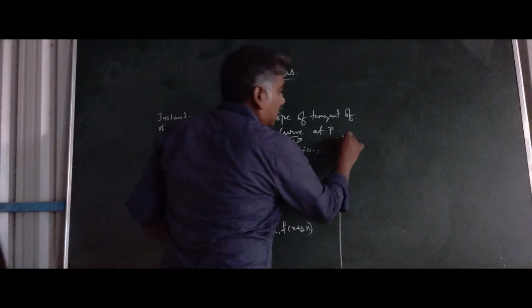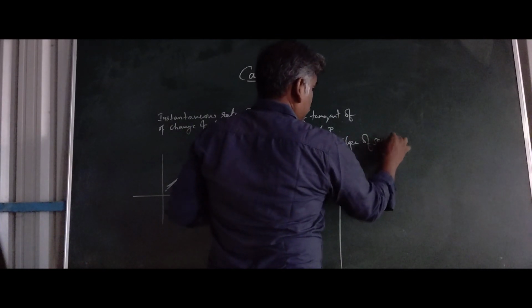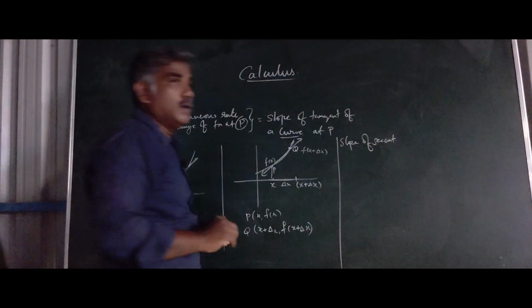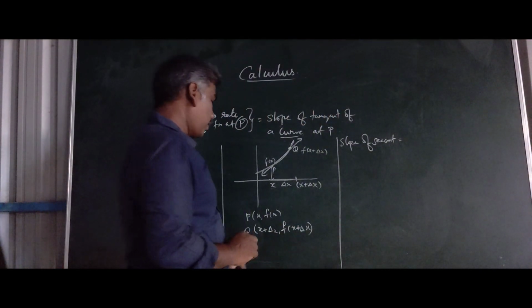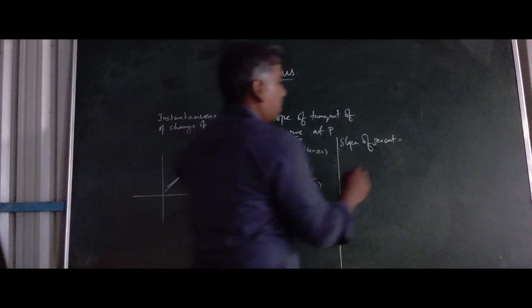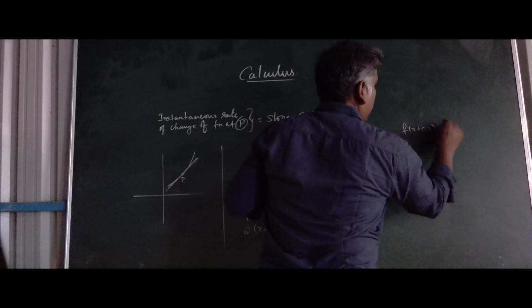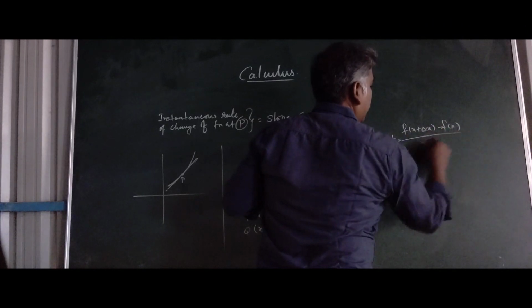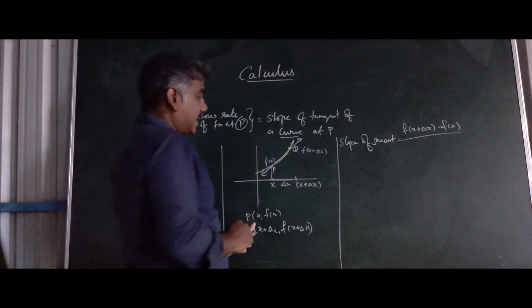Now you can find the slope of the secant, how? By using the 2-point formula. The 2-point formula is y2 minus y1 divided by x2 minus x1. When you apply these values, you will get f of x plus del x minus f of x, divided by x plus del x minus x, then x will be cancelled, and you will get only del x.